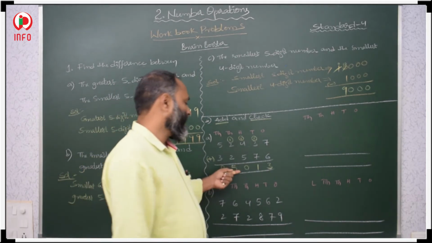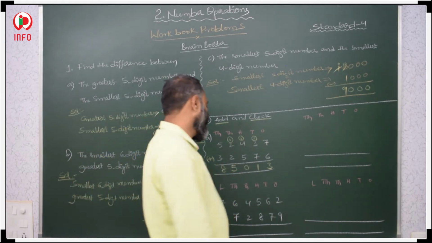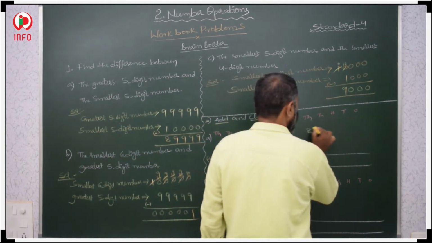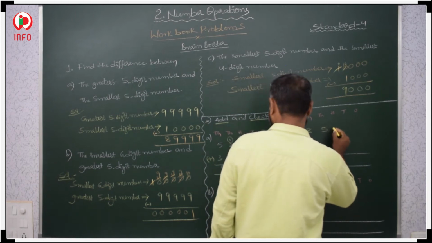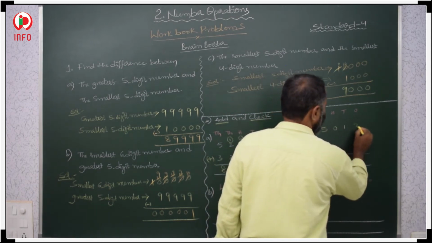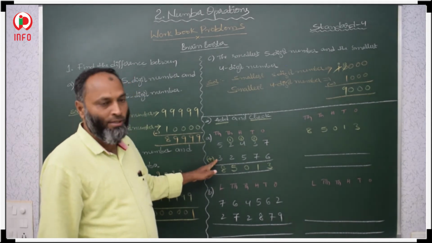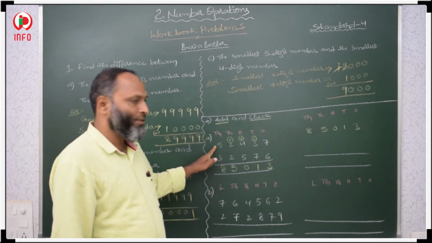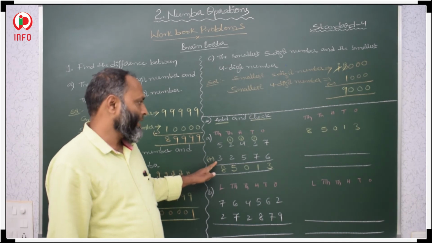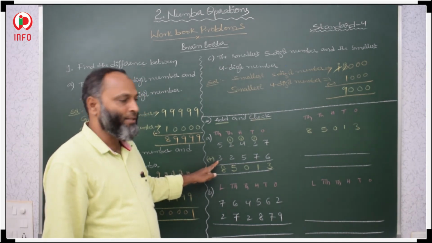I want to take the second addend. From the sum 85,013, I want to subtract the second addend. This is the first addend, this is the second addend. I want to subtract this second addend.